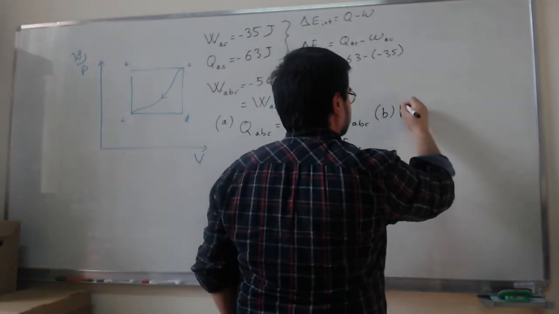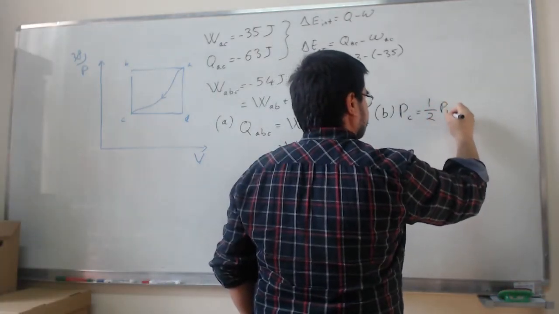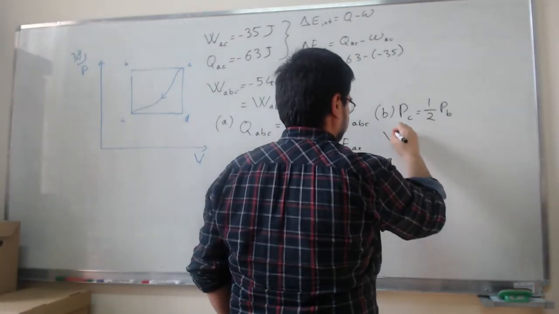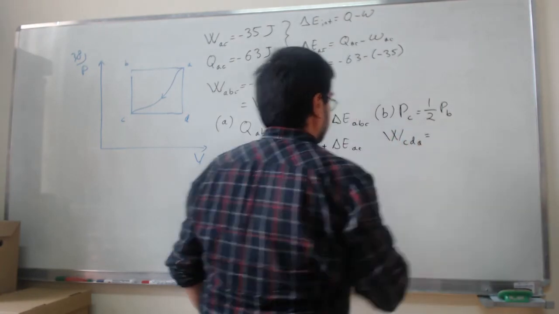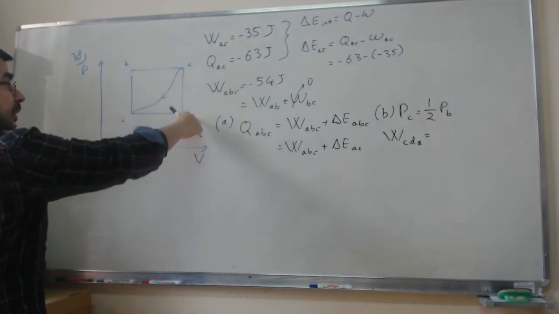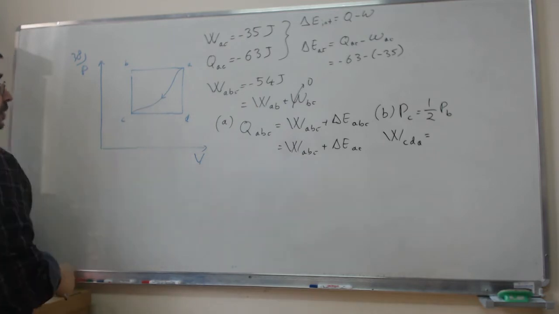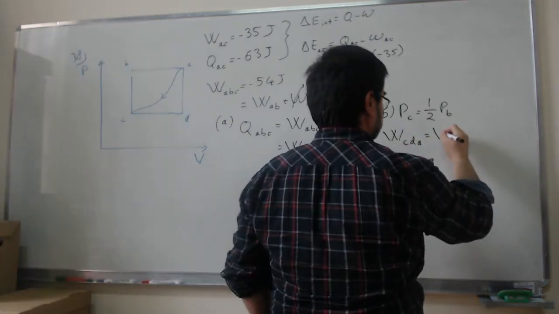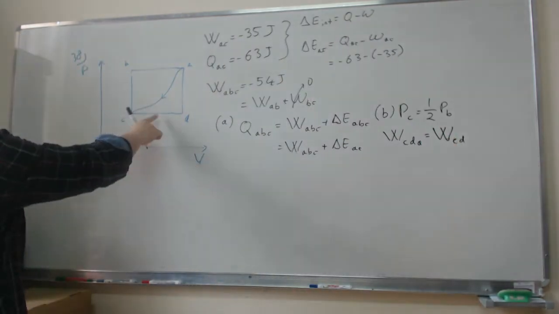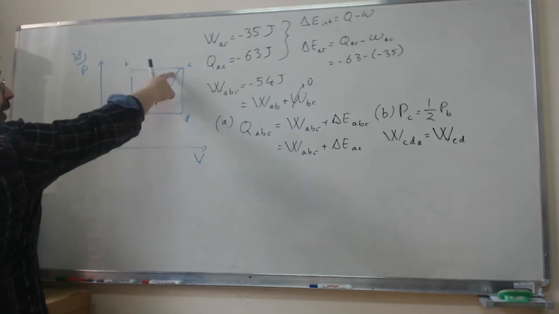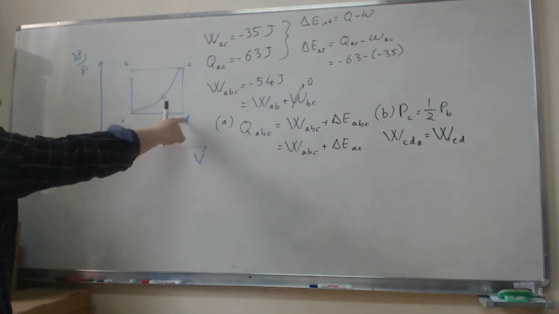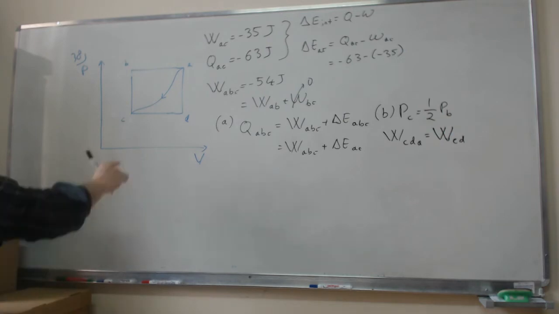So P_C is half P_B, and they're asking for W_CDA, the work from C to D to A. First of all, the work done over D to A is just 0, so this is just the work done from C to D. And because this is the work done from C to D, if you compare this to the work done from B to A, because the pressure of this line is half the pressure of this line, the work done over this volume change must be half the work done over this volume change, right?